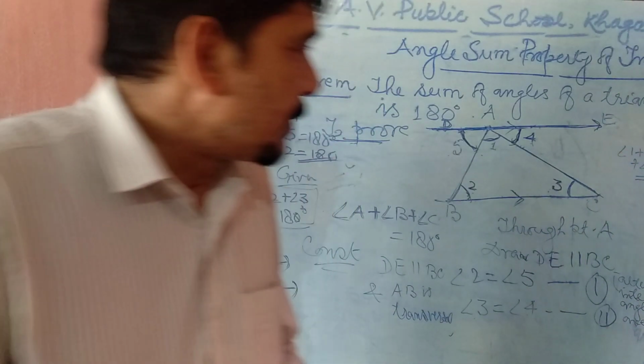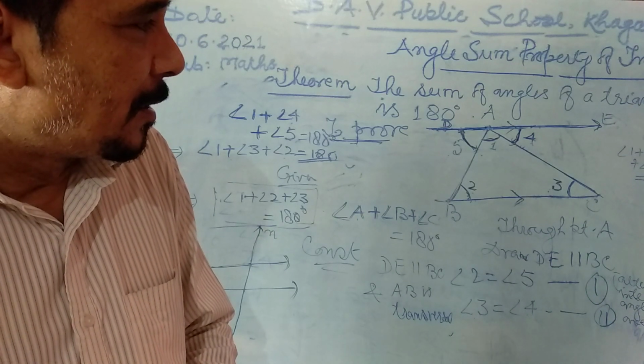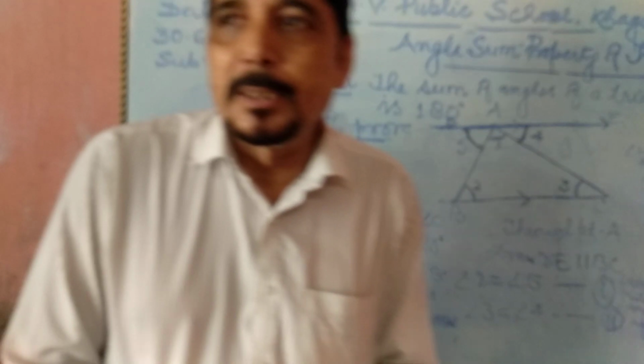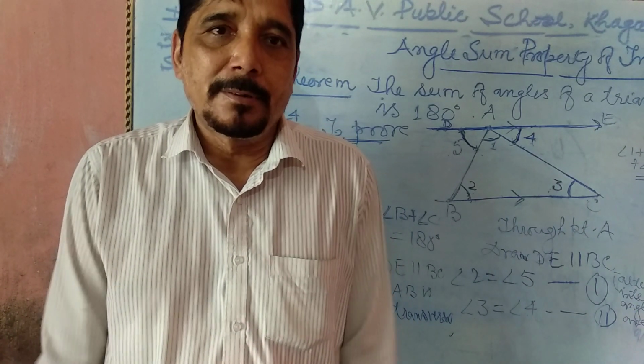Okay. So remember these theorems and properties, and it is generally asked in examinations to prove geometrically that the sum of all three angles of any triangle is 180 degrees.